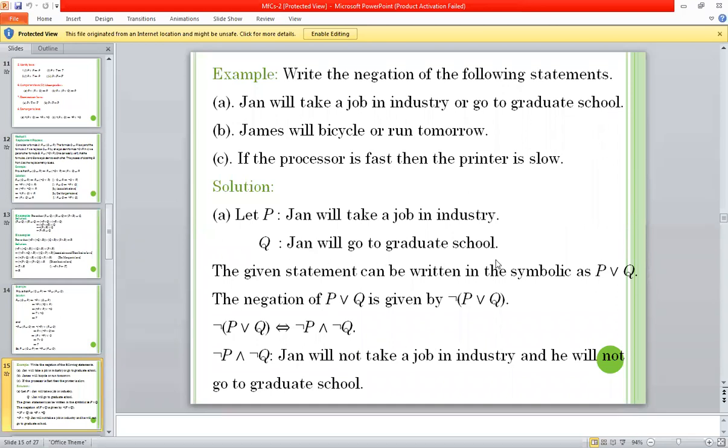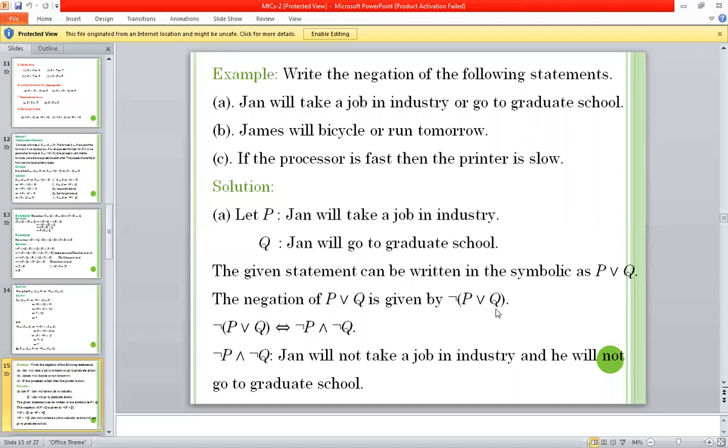So the given statement can be written in symbolic form as, what is the symbol for the disjunctive operator? Or. So P or Q. The negation of this symbolic form, negation of (P or Q).